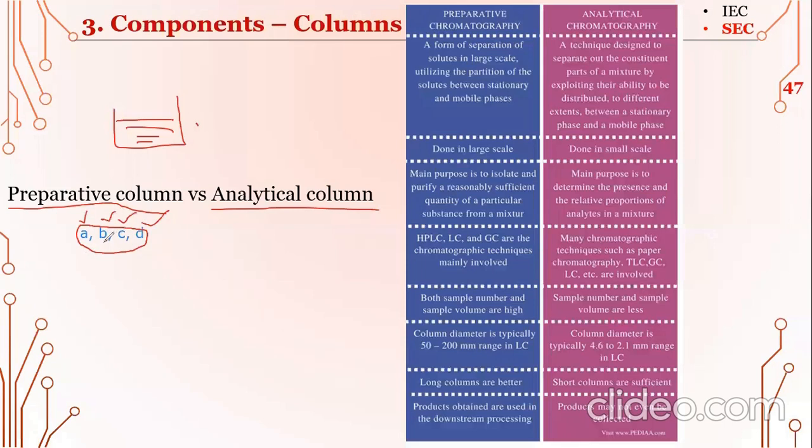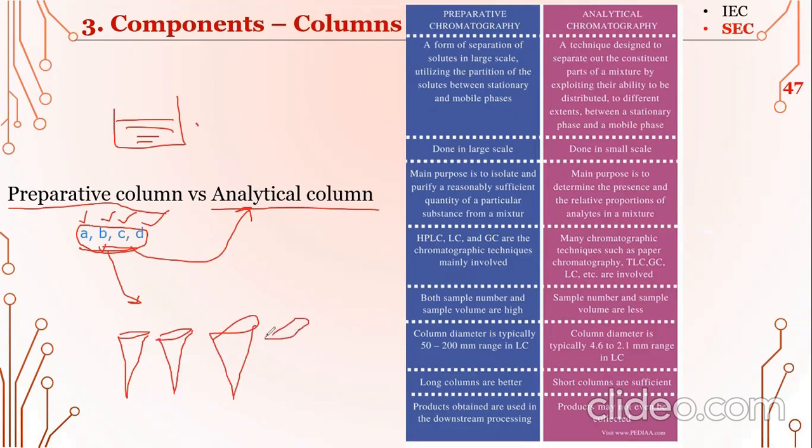Yeah, I want to detect either this B is present or not. ठीक है, so मैं ये क्वांटिफाई करना चाह रहा हूँ, जस्ट क्वांटिफाई करना चाह रहा हूँ। So what I will do, I will go for analytical chromatography. ठीक है, but if I want to separate all these 4 proteins, and because I need them separately in different vials now, मुझे ये separately 4 vials में चाहिए, because I want to use them in further experiments.